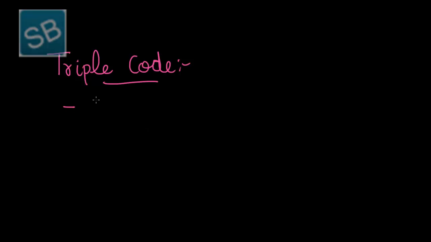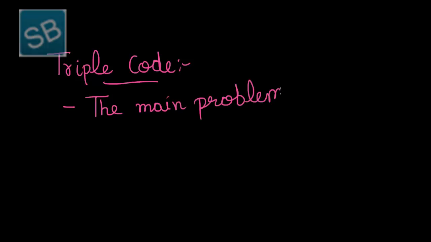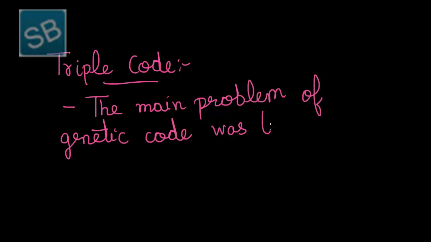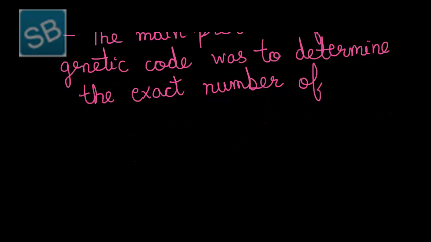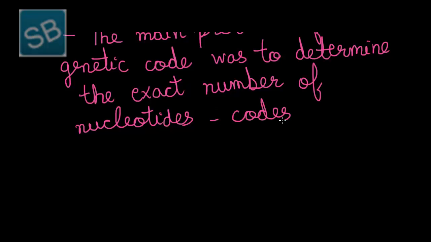Till now, the main problem of genetic code was to determine the exact number of nucleotides that are present within a gene, and helps in protein synthesis, and thereby that codes for one amino acid.